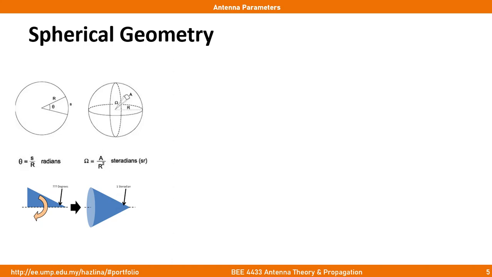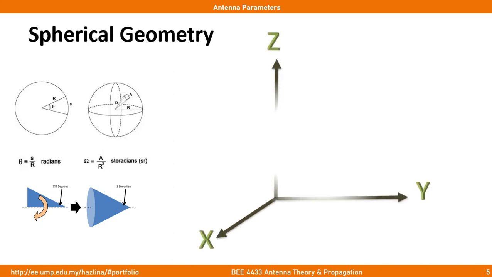In spherical format, a three-dimensional axis system is used. Angle from zenith is known as theta, typically termed as elevation, while angle from the x-axis is known as phi, typically termed as azimuth.